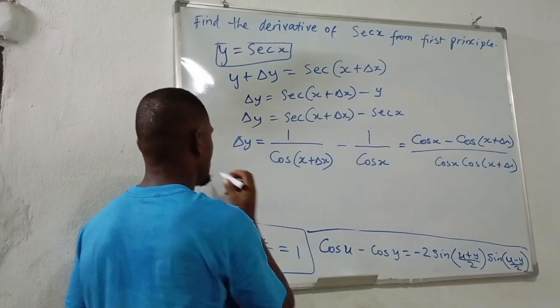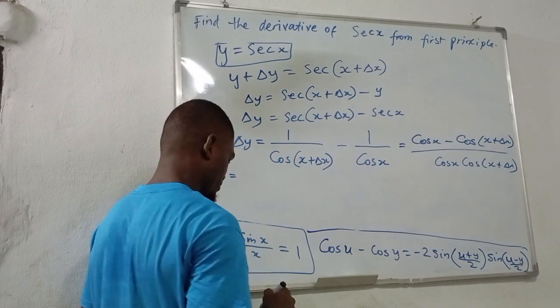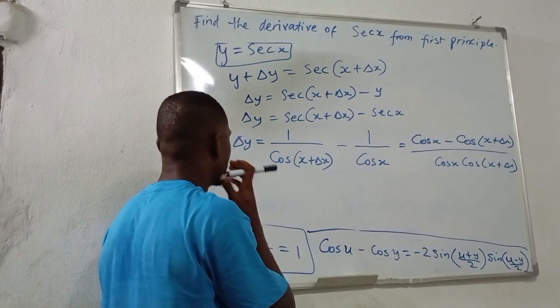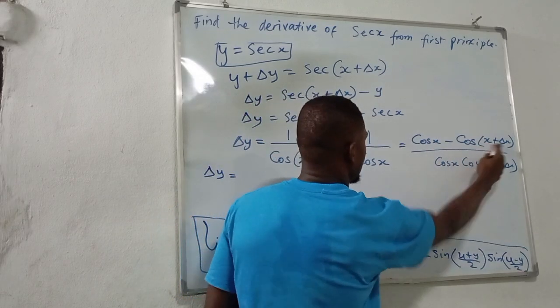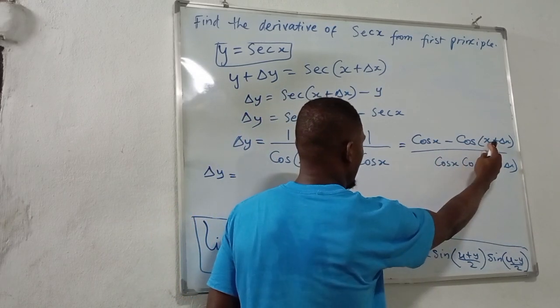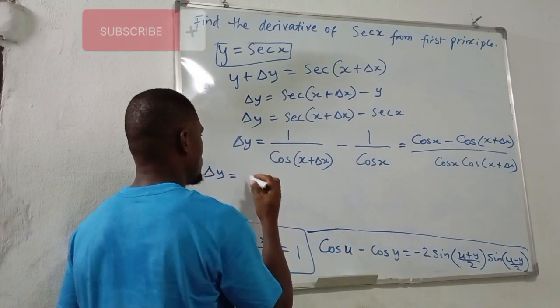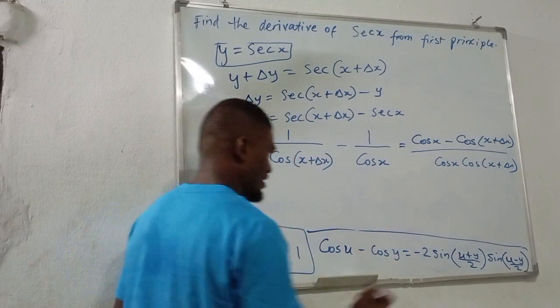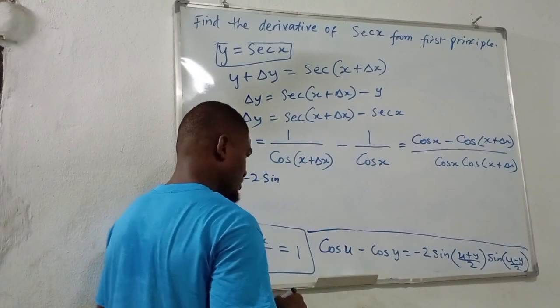So that would be dy equals, since we have cos x minus cos this, and these are u and these are y, the first instance we should write minus 2. So we write minus 2, and then we write sin.